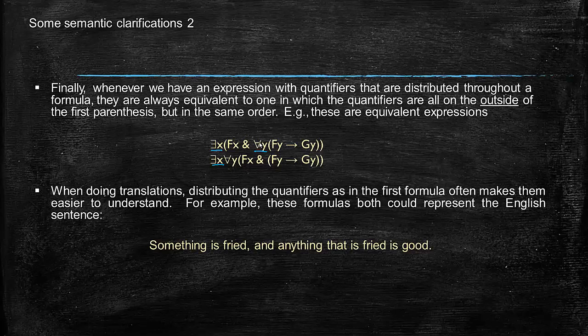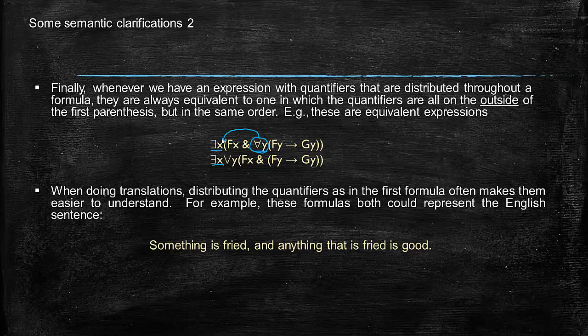Now, why is that? Well, because the order of the quantifiers is the same. Okay, that's the important thing. And this formula is just this formula that's been achieved by taking the universal out and keeping the order, which means you're inserting it right here. So when you have formulas where the quantifiers are distributed within the formula, you can take them all out, keep them in the same order, put them all outside the first parentheses, and you will have a proposition that means exactly the same thing.